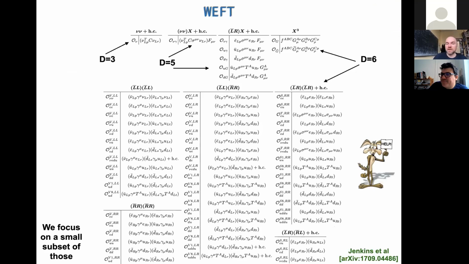And again, this is now a big industry to enumerate all these operators. For example, at d equals 3, it's very simple. The only operator that you can write down in dimension 3 is the neutrino mass. At dimension 4, again, we have all these kinetic terms and so on. At dimension 5, we have dipole terms.